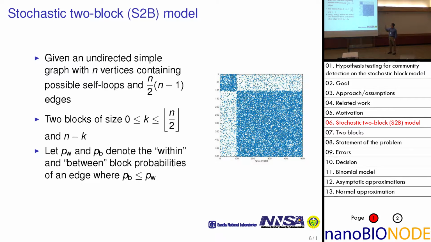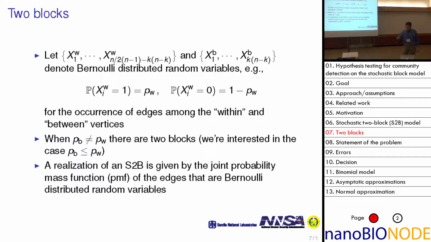PB is the between-blocks probability, and we're always going to assume it's bounded from above by PW, the within-blocks probability. This case is easy: I could permute this graph and you could use almost any algorithm, because the probabilities are quite distinct. It's pretty easy to say whether you got two good blocks. It gets more interesting when PB is close to PW.